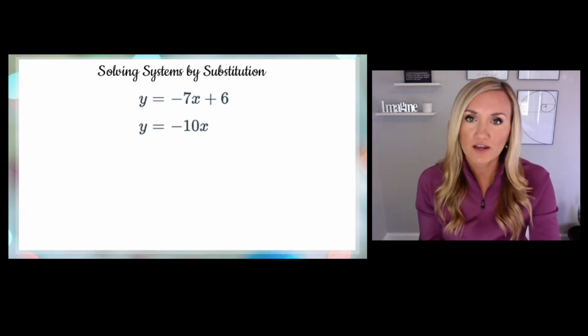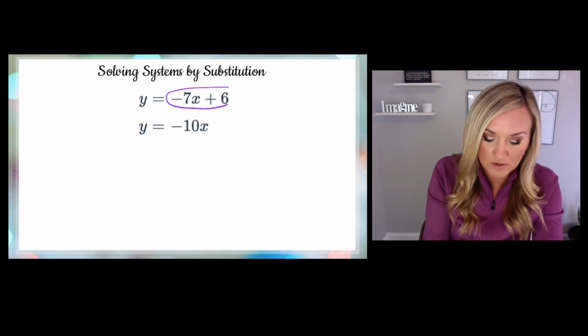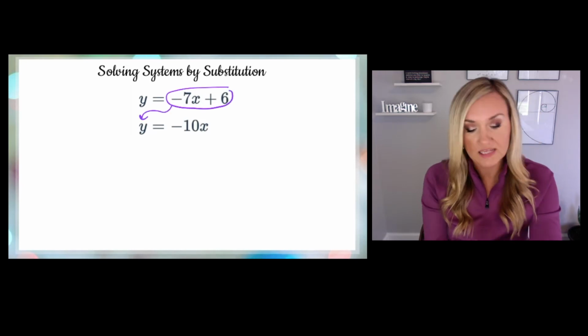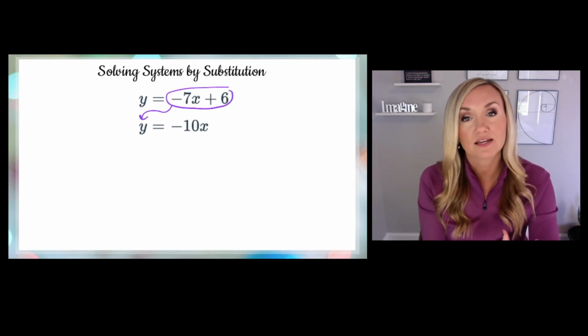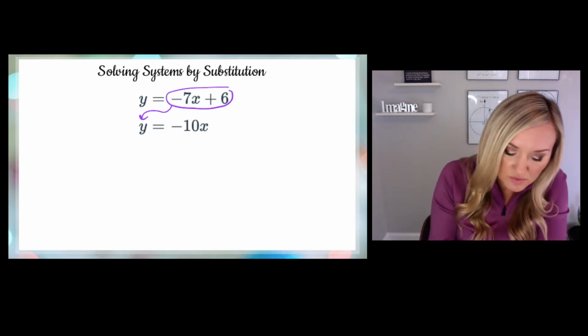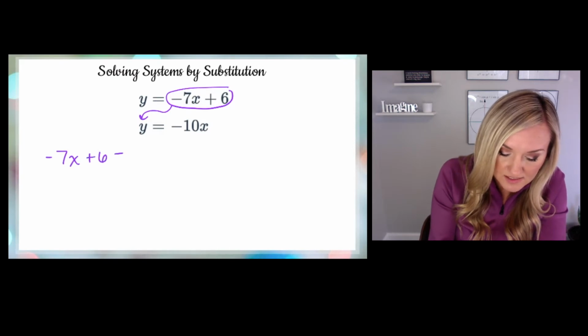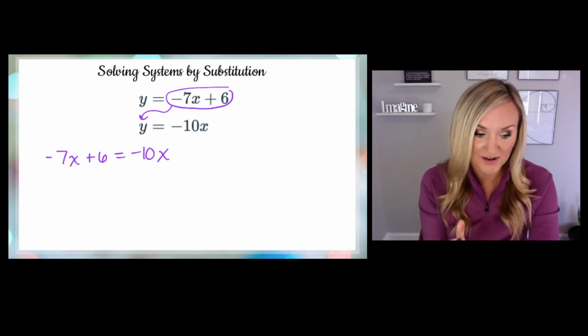So the first thing I want you to notice is that both of them say y equals. So if they're both y equals, they're going to equal each other. Essentially, we're going to take negative 7x plus 6 and plug it into the second equation for y. So that is going to give us negative 7x plus 6 equals negative 10x. All right, super cool.